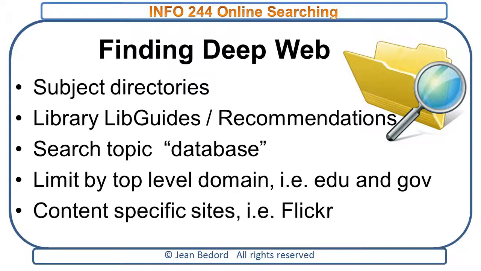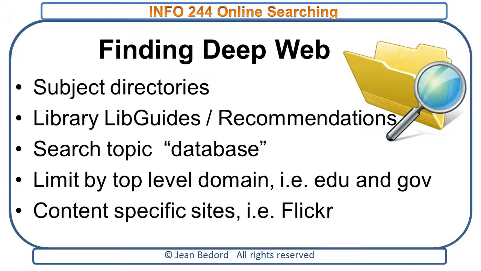So how do you find deep web content? There are various ways to find it. One starting point is online subject directories and libguides, usually developed and maintained by universities and libraries. San Jose State University has a number of these oriented toward departmental subject matter. Another technique is to search by topic and add the keyword database.